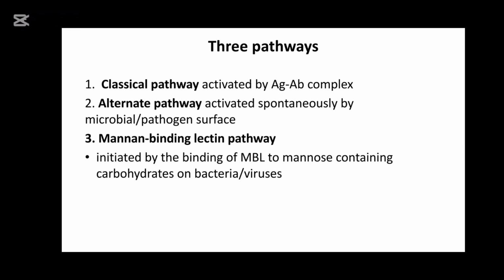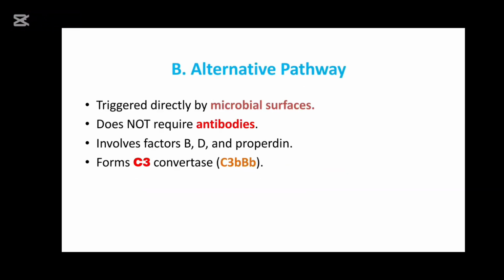Okay, so now let's look at the 3 pathways. At this point, we are going to just name them. We have the classical pathway, we have the alternate pathway, and we have the mannose binding lectin pathway. We are going to discuss this in detail.